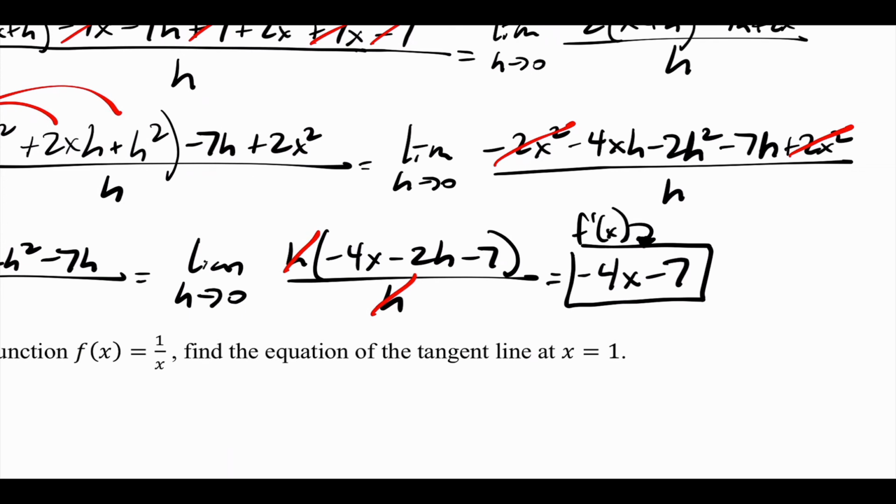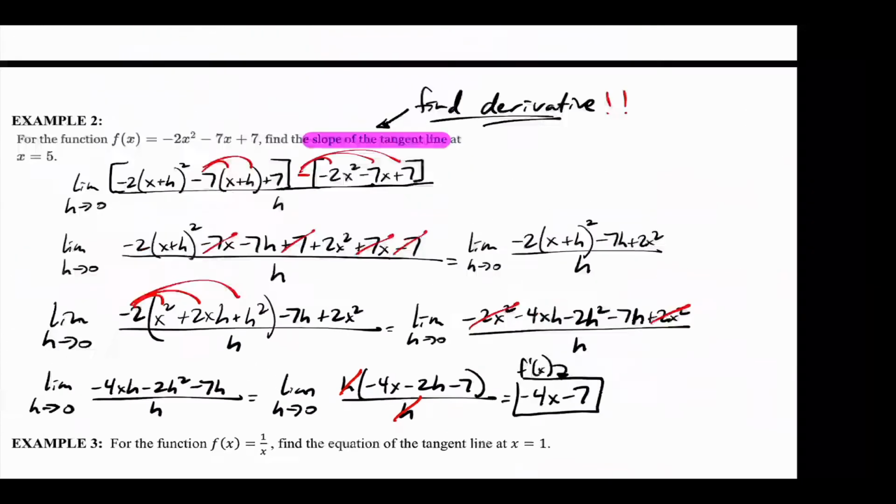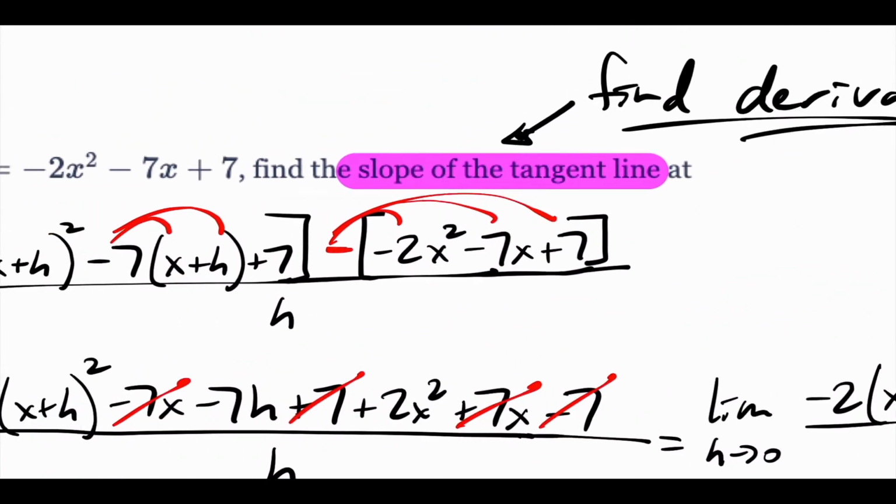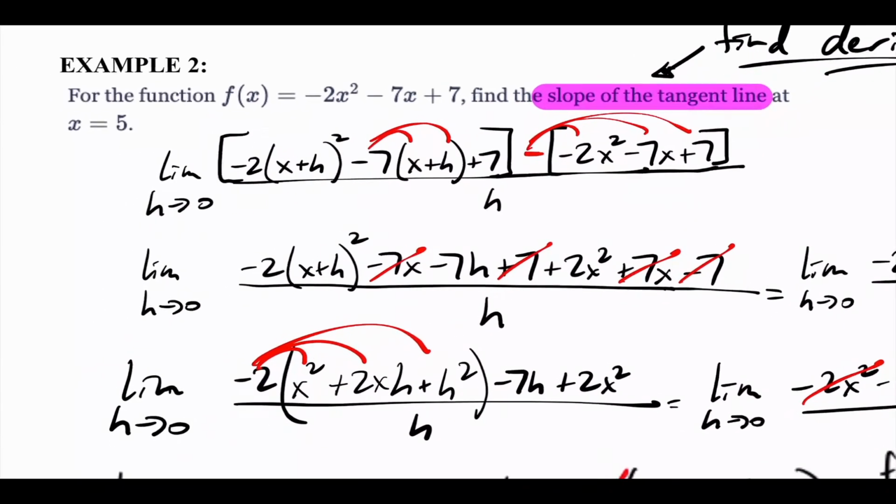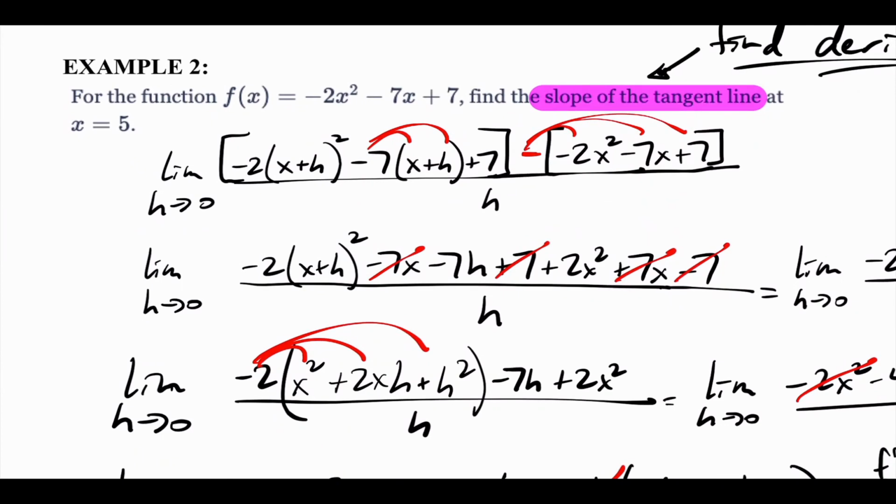That's where we stopped on the last question, because all they wanted was f prime. This one, they didn't say anything about f prime. They actually want the slope. And where do they want the slope? At x equals 5. So what do you think I'm going to do with that x equals 5? Plug it in.